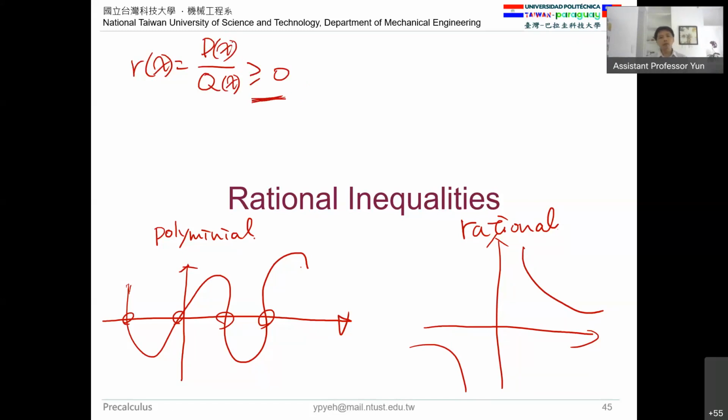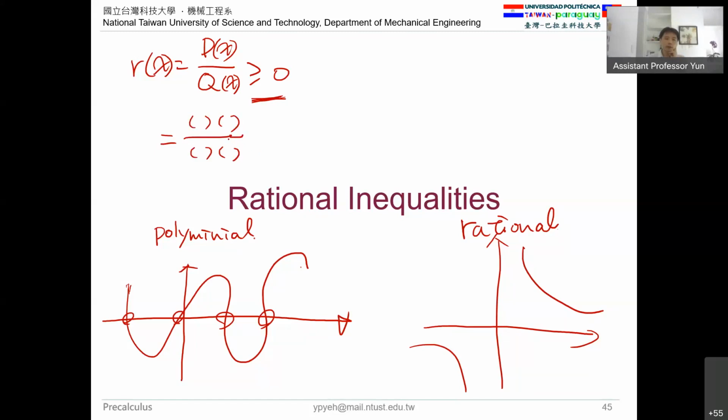And then we will just do some operation with this p of x divided by q of x first, and also find some of the factors, the same as the normal step of the inequality, like factoring out the rational functions, right?